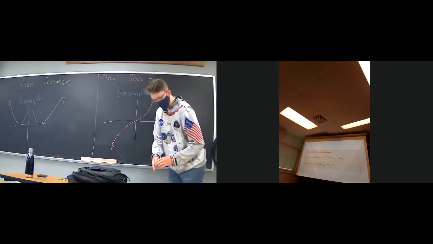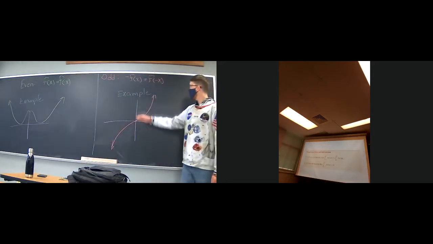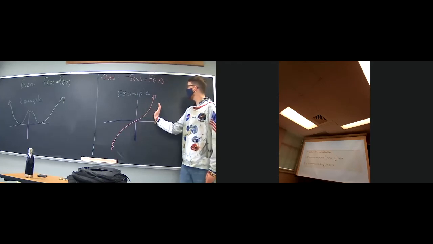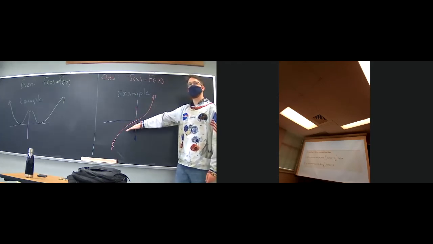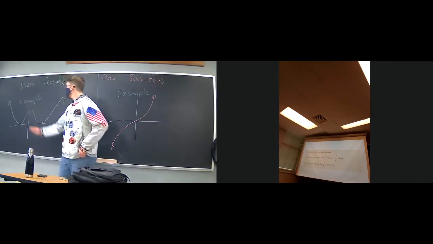All right, so just as two examples, one of an even function, one of an odd function. Notice the odd function, if you reflect across the y-axis and then across the x-axis, they're the exact same graph, right? Here, with an even function, if we reflect across the y-axis, we get the same graph.